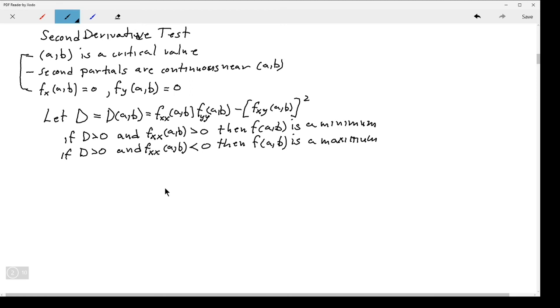Now, the saddle point. If D is less than 0, so if our discriminant is negative, then f(a, b) is a saddle point.